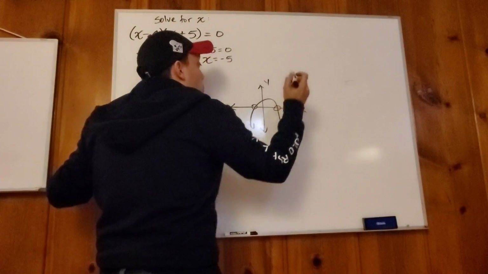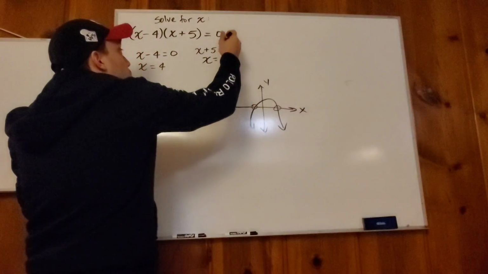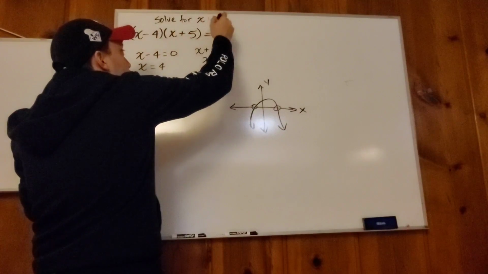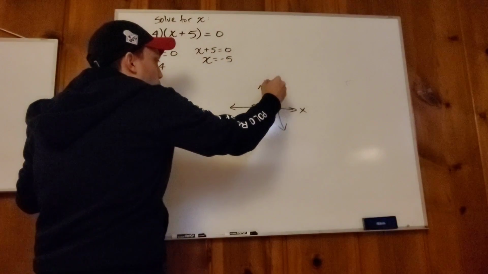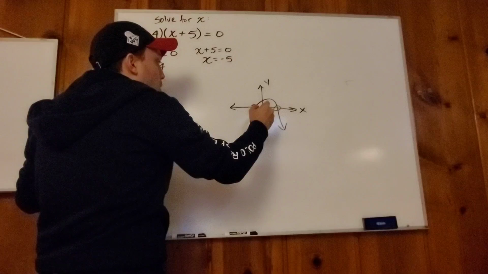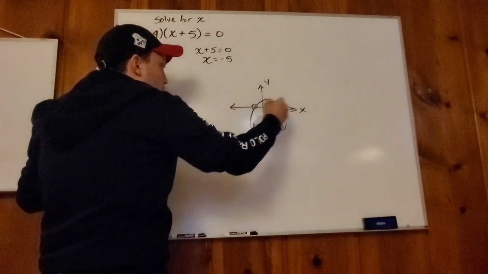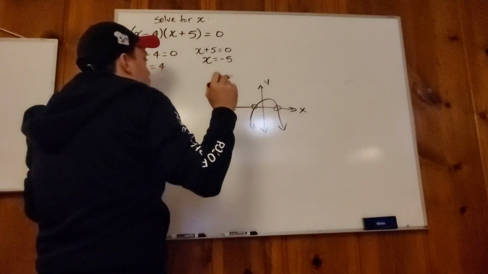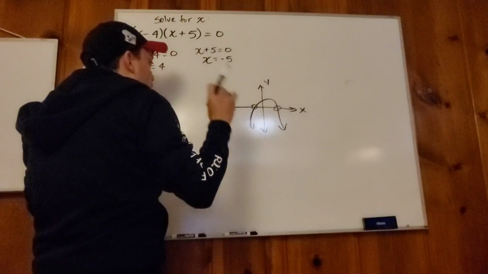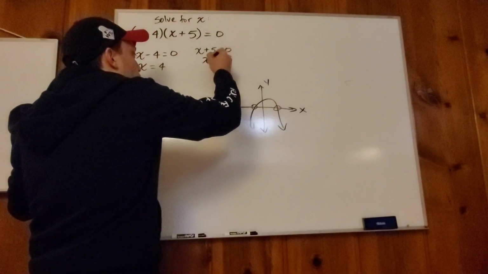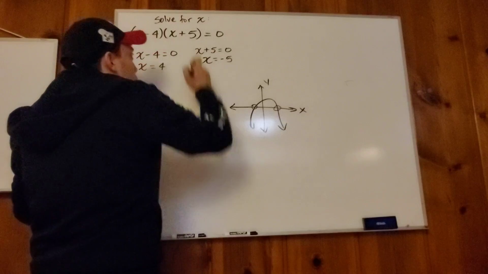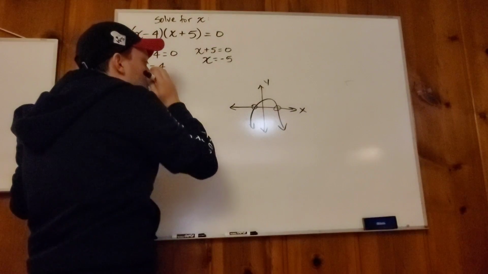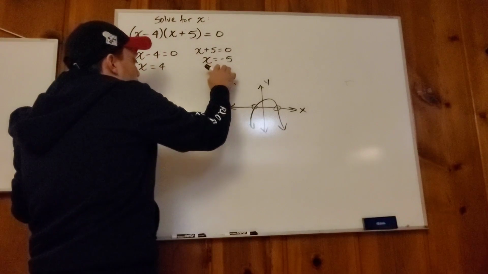This is 0 when y equals 0. So for y to be 0, it doesn't even go up or down, it just stays here and goes left or right from the origin. So for that to happen, we have to find where it happens in the two binomials. And so in one it's 4, and in the other it's -5.